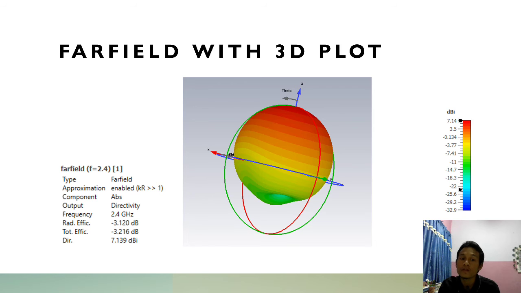The radiation efficiency is negative 3.12 dB, and the total efficiency is negative 3.216 dB. The directivity is 7.139 dBi. So the dBi ranges from 7.14 down to about negative 23.